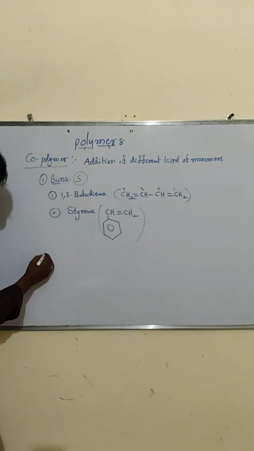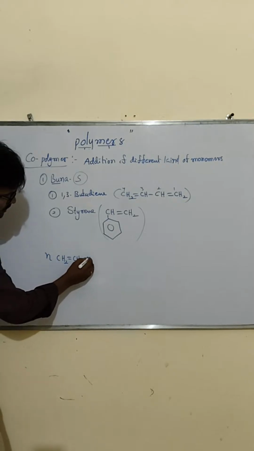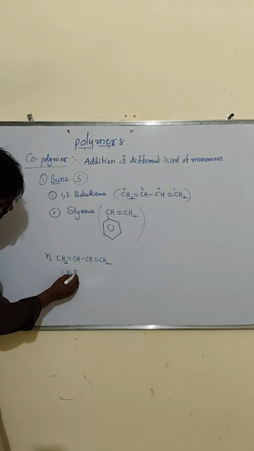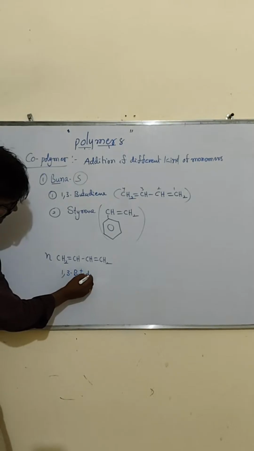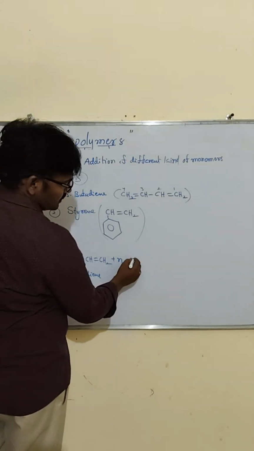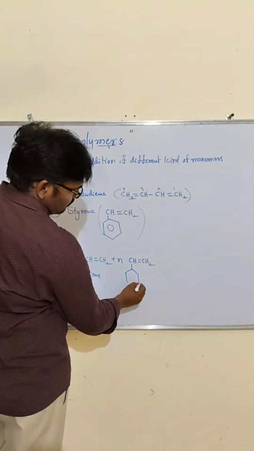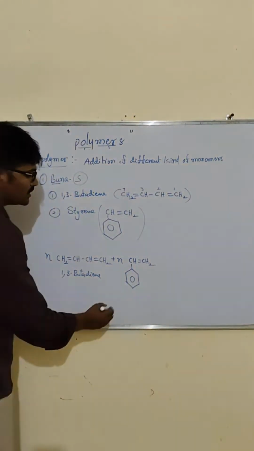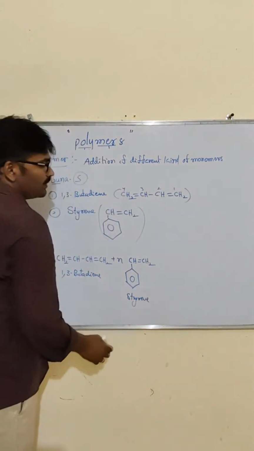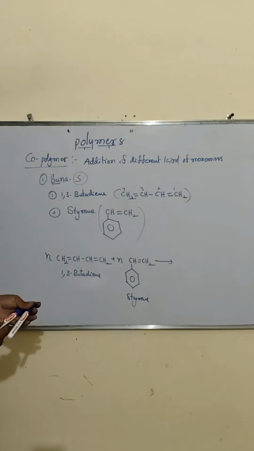First, we take n moles of 1,3 butadiene, CH2=CH-CH=CH2. Then n moles of styrene, CH=CH2 with a benzene ring at this position. Both connect with each other and addition polymerization takes place.